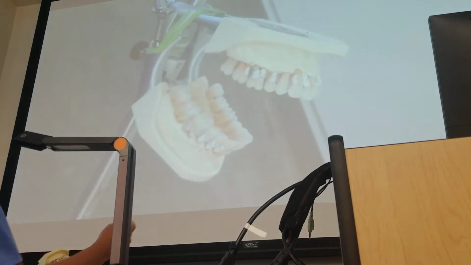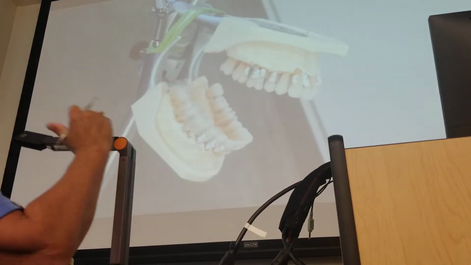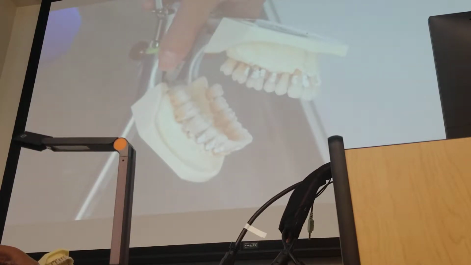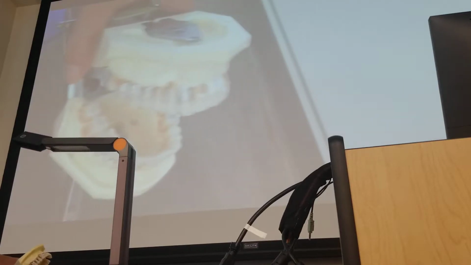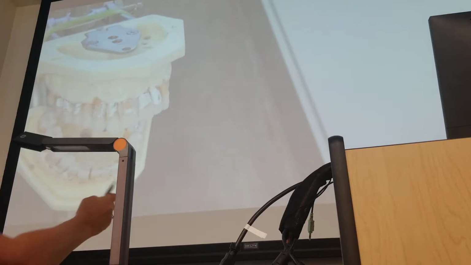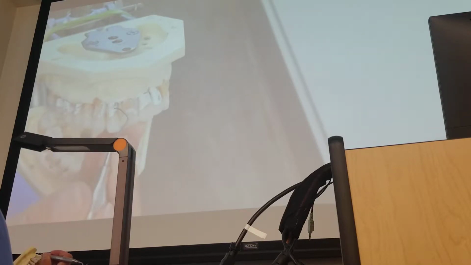So to determine the correct working end here, I'm going to have to change. So, anterior across. So that lower shank will go across the tooth.